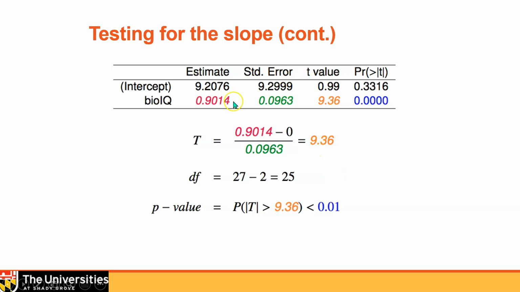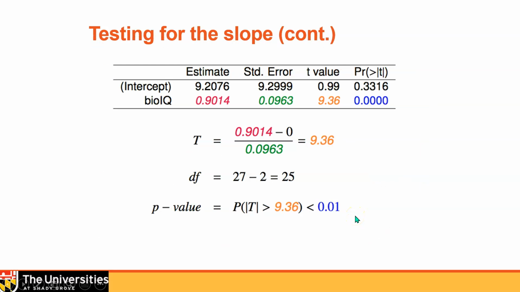Here's the calculation: we're taking the observed value minus the null hypothesis value, divided by the standard error. That gives us our t-value. We're going to look up a table or put it in R for degrees of freedom of 25. And what we find is that we get a p-value that's very, very small, 0.000.